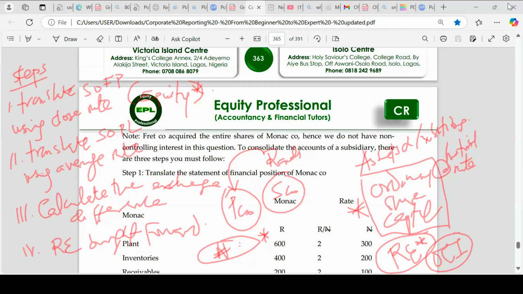So I have a question. Go ahead. You had mentioned earlier about monetary and non-monetary items and how we should use the closing rate for non-monetary values. Does that not apply here as well?